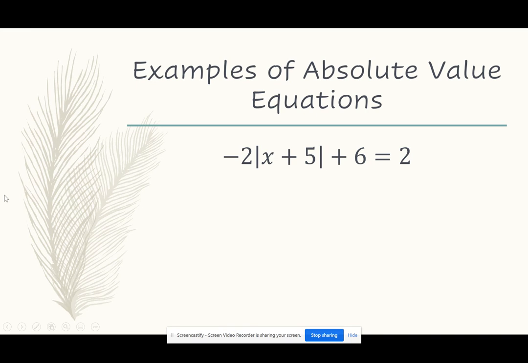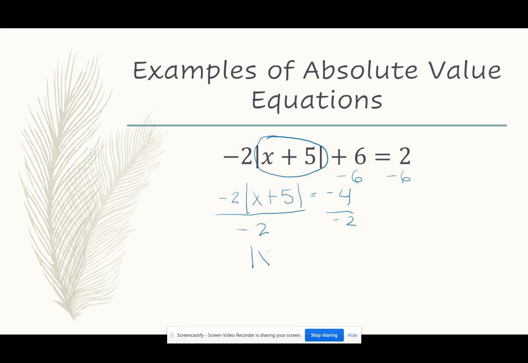Sometimes it might be like a multi-step equation where you need to do 2 things to get this set of absolute value by itself. So first, just like in solving equations, you need to undo your addition and subtraction. So we're going to subtract 6 from both sides. So we get negative 2 times the absolute value of x plus 5 equals negative 4. Then, since this is being multiplied, divide by negative 2.